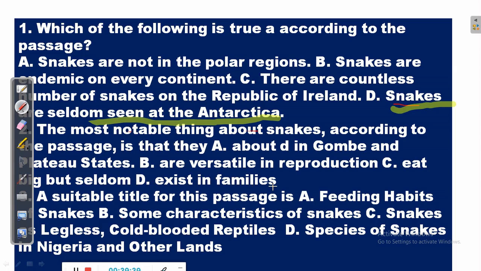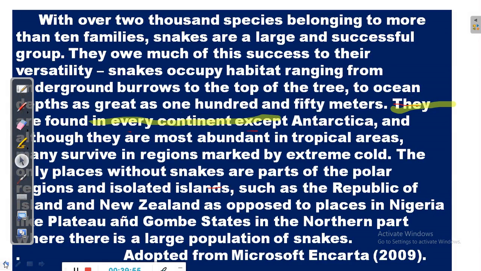Then D, exist in families. Well, this may likely be close to it, but let's go back to the passage and look for the evidence. Let's look for the evidence.